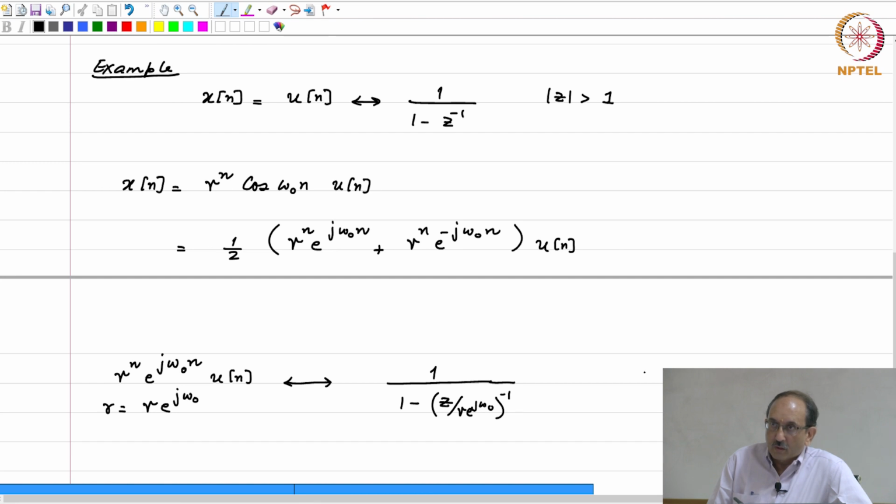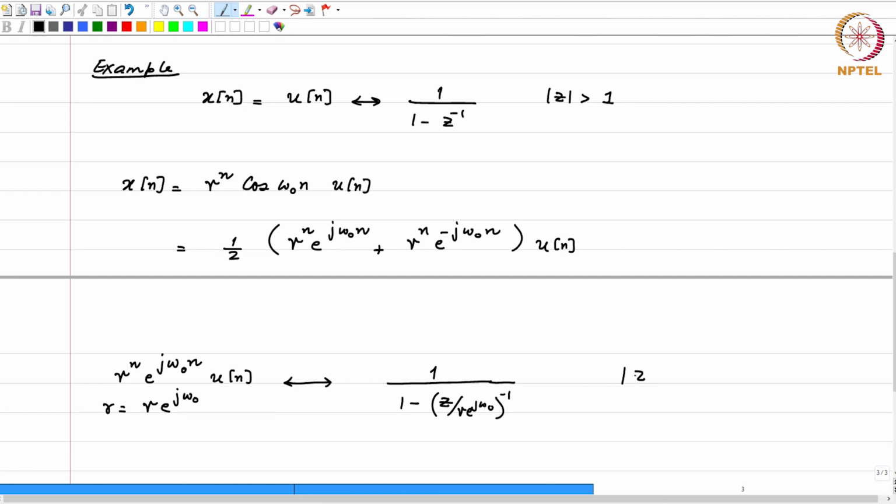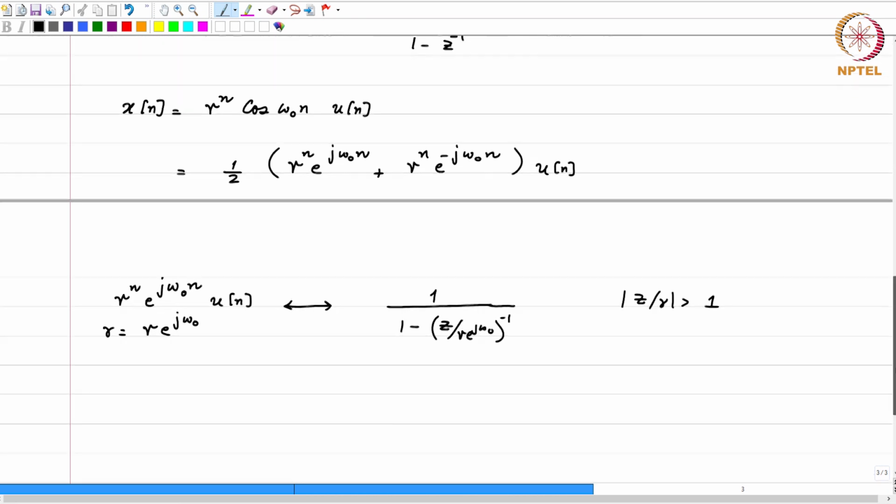So, this is now mod z by gamma has to be greater than 1, and this now becomes mod z greater than r, because gamma after all is r e to the j omega naught. If you take modulus, this thing disappears, and therefore, this becomes 1 by 1 minus r e to the j omega naught z inverse.